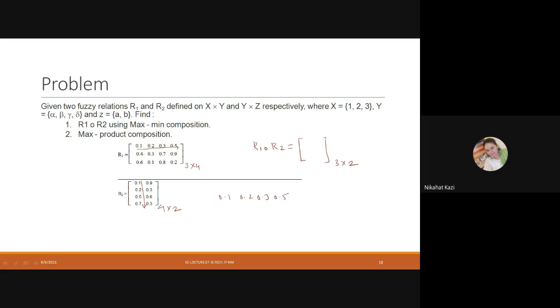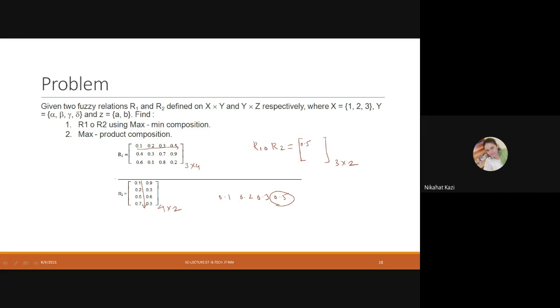First, apply the min operation on this row and this column for the corresponding elements. If this is xy, this is yz. Each of these elements is xy, this is yz. So you apply the min operation for the corresponding elements. Once you do this, find out which is the max. Which is the max? It is 0.5. Write 0.5 here.